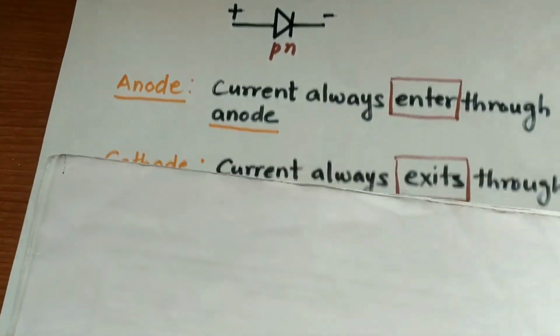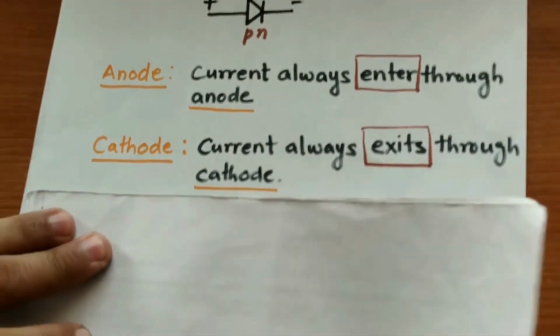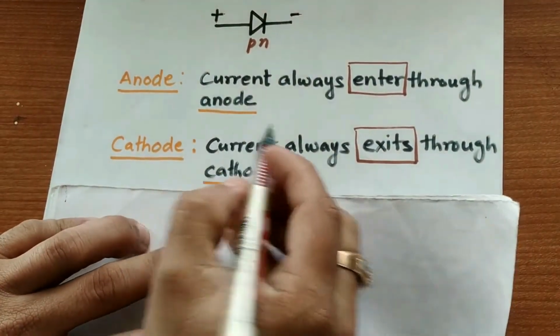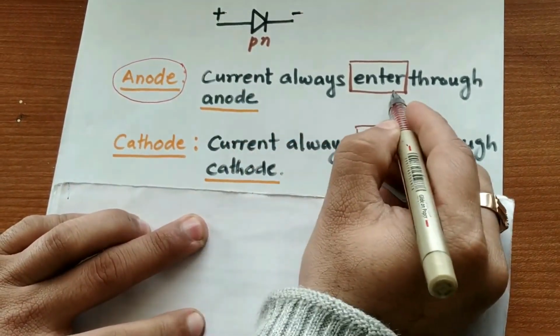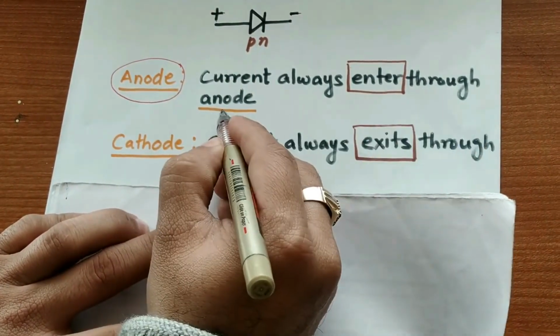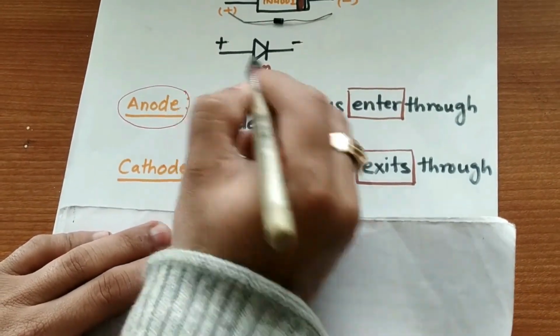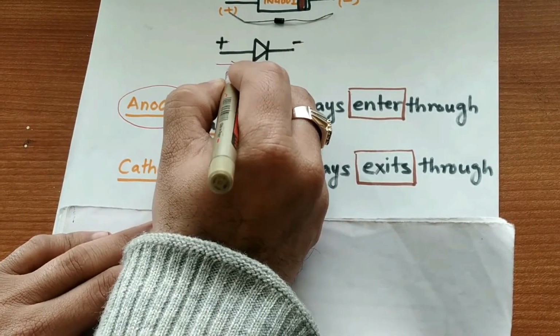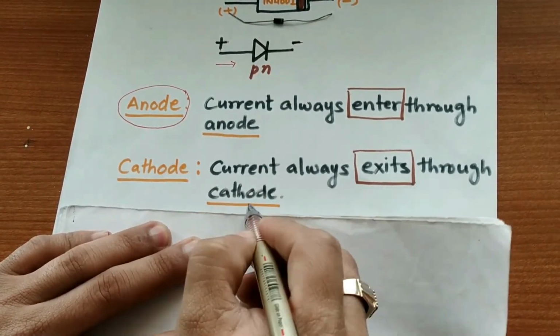As you are all aware, when we talk about the anode and cathode, current always enters through the anode. That means when we connect this diode, the current enters through it, and current always exits through the cathode.